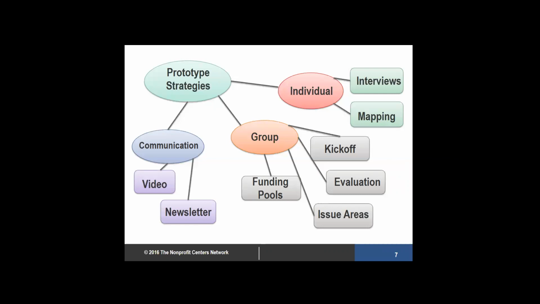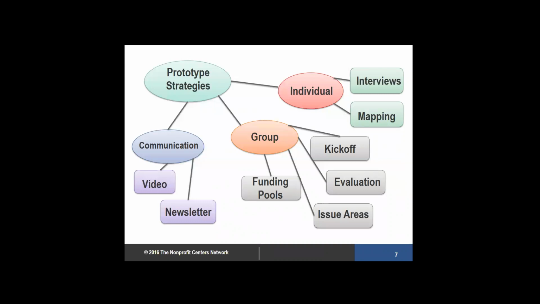We saw similar movement in the levels of collaboration in those that did individual and group strategies. But the group strategies were often the most efficient use of the center manager's time. And one of the biggest challenges is that it's hard for people to make time for collaboration unless that goal is very clear.